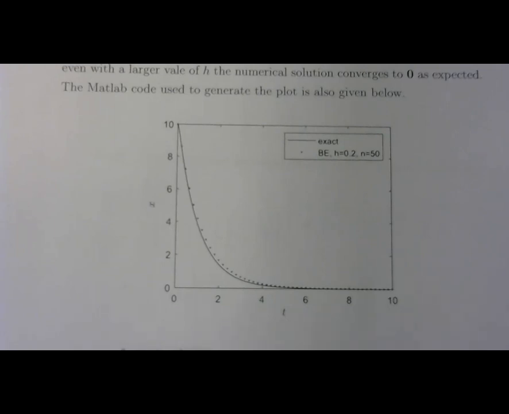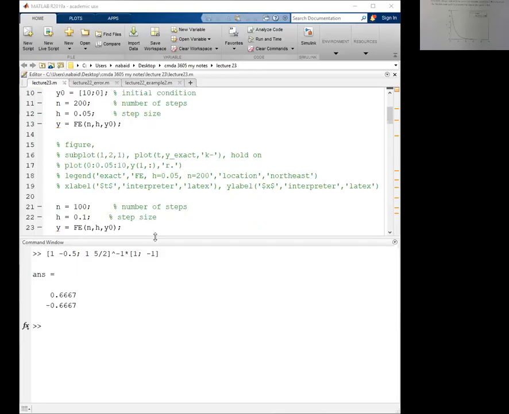And coding this is really similar to the forward Euler coding, which you maybe have looked at when you looked at lecture 22. Hopefully I put the M file and the code should be written in the notes. I'll just share the MATLAB screen with you one more time. Here we go. So this is the code that I've uploaded for this lecture.